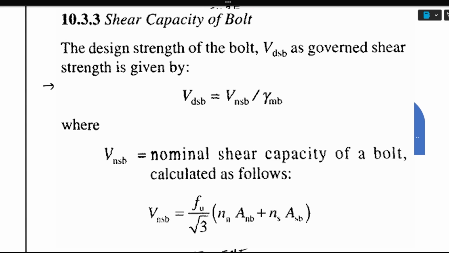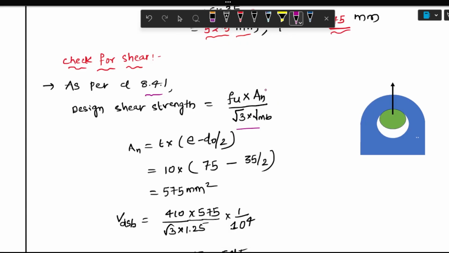The snip is clearly visible, but Nn into Anb is regarding the bolt. Here I am going to consider the net area, because for the plate we just have to consider the net area which is resisting the shear.